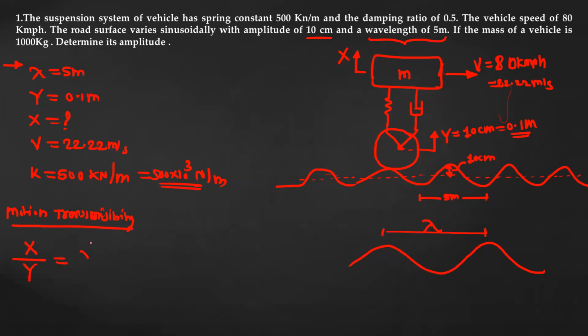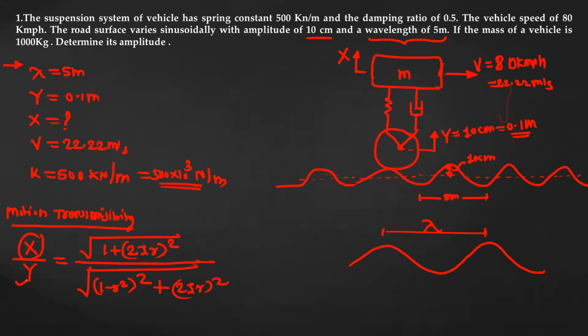So this is equal to the square root of 1 plus (2 zeta r) square, upon the square root of (1 minus r square) bracket square plus (2 zeta r) bracket square. Okay, so we have to find out the x value. Y is given, zeta is given. Zeta is 0.5, the damping ratio. So it is given here.